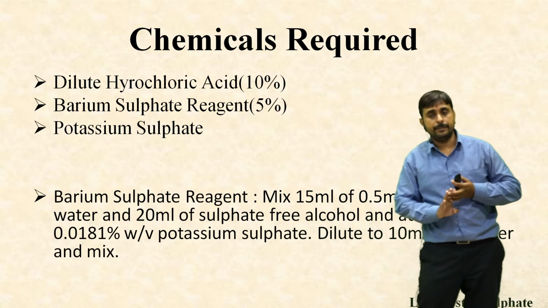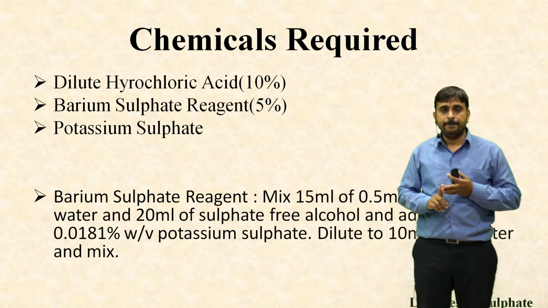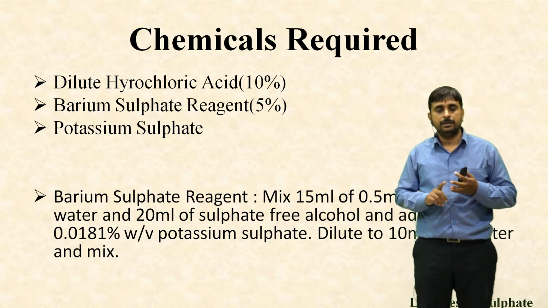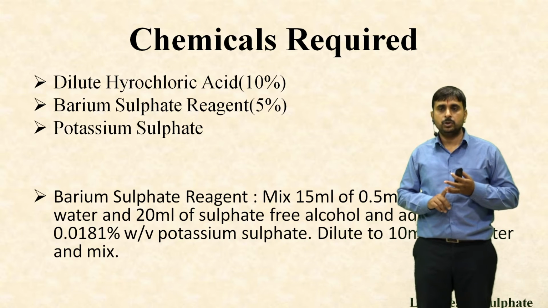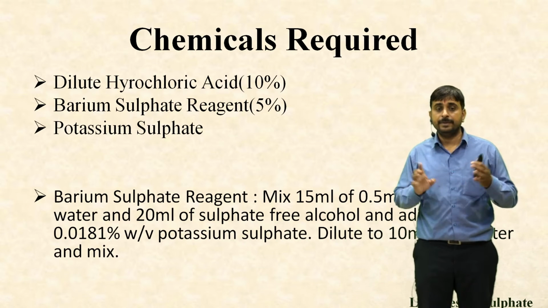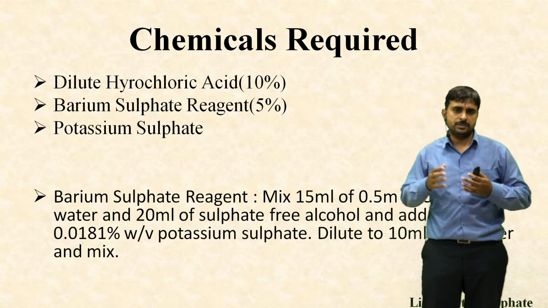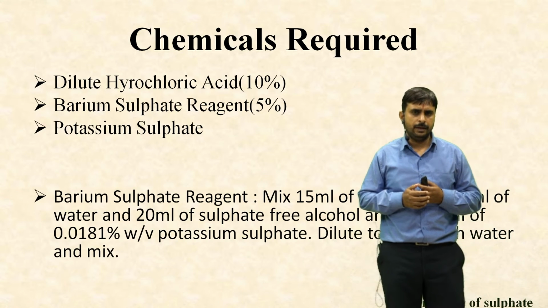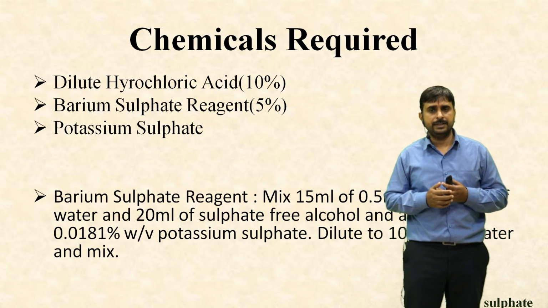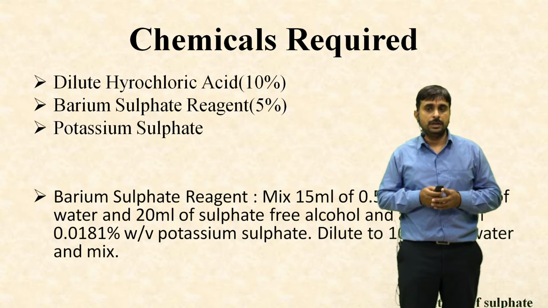So, we have 3 chemicals in it: barium chloride 0.5 M, 20 ml of sulfate free ethanol, and 0.0181% weight by volume potassium sulfate. We mix these solutions and make up the volume to 100 ml, and it is called barium sulfate reagent, as we are using this in the sulfate limit test.